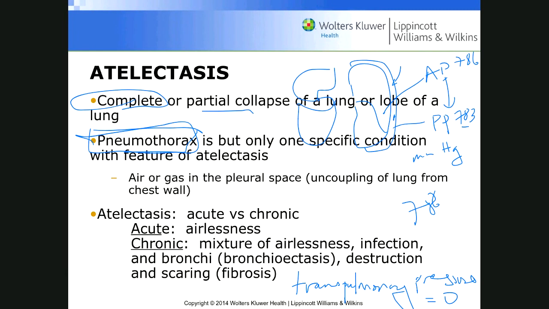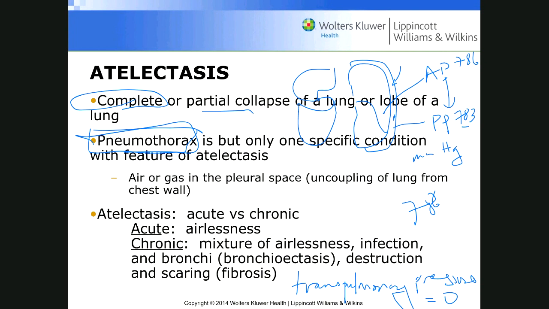Collapsed lung is the stabbing, for example, or puncture of the lung, so that now there's no transpulmonary pressure, it can't inflate. That's an atelectasis, all right? Not fully inflated. Atelectasis, there are 3 kinds we're going to say. Some of them are adhesive, some of them are obstructive, and so forth.